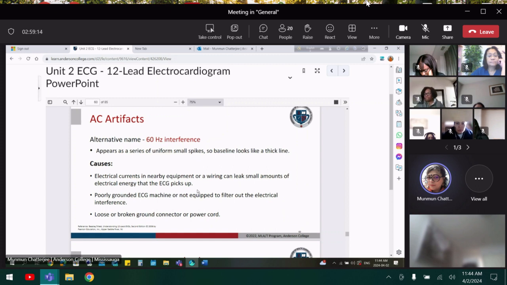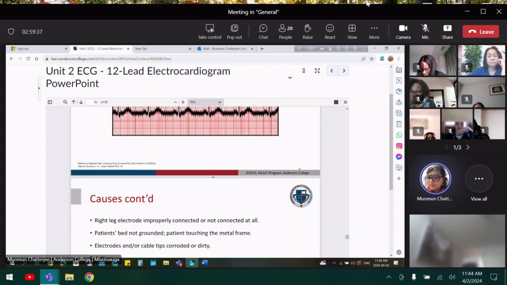Maybe the ECG machine is poorly grounded, or it doesn't have the proper filter to segregate out the other electrical interference, or the power cord may not be connected properly with the ECG machine. There may be some loose connections. So these are the causes of the artifact.